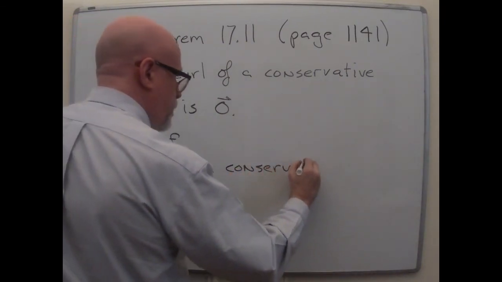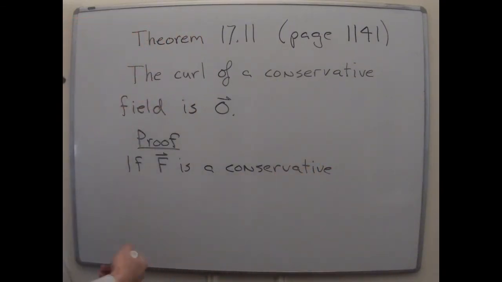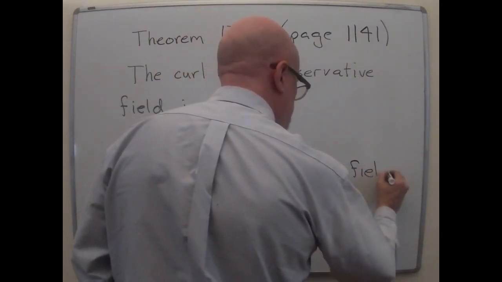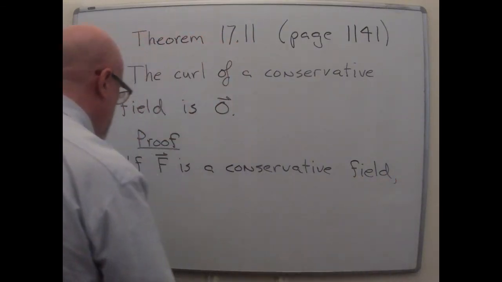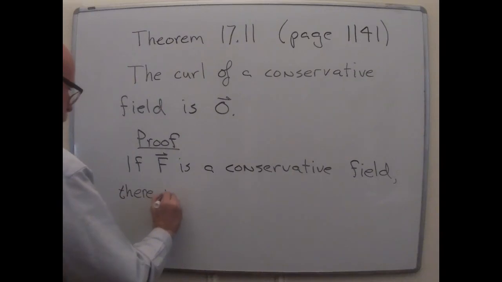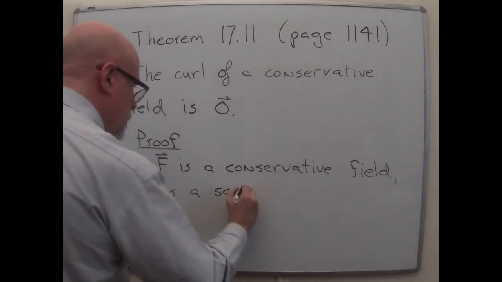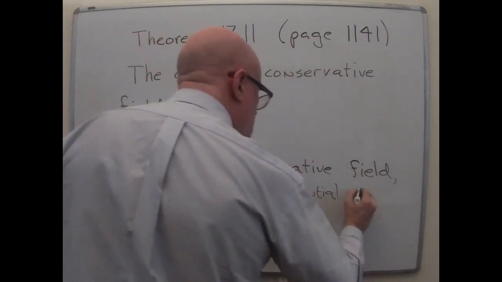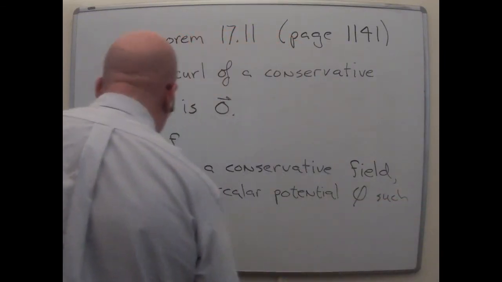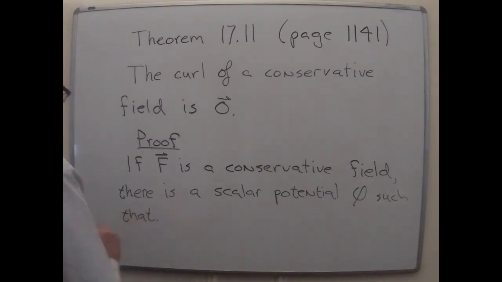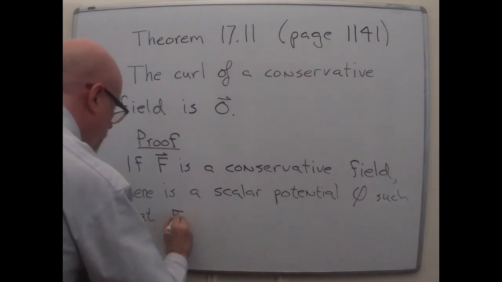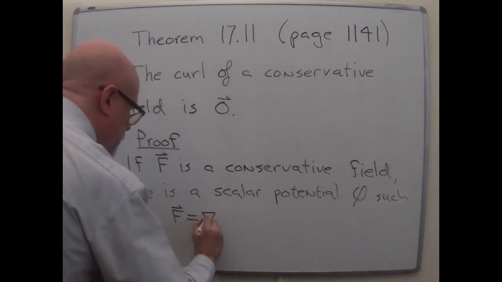So if you have a conservative field, there must be a scalar function, a potential function phi, for which F is the gradient, such that if you take the gradient of phi, you'll get F. Or that F is equal to del phi.